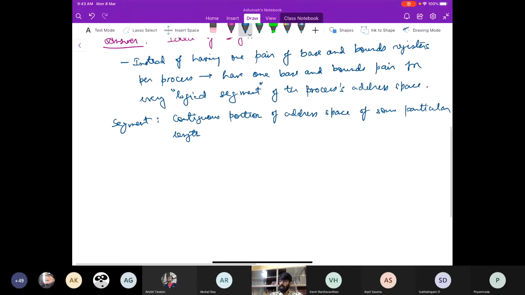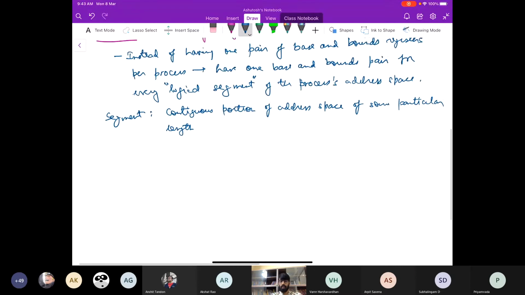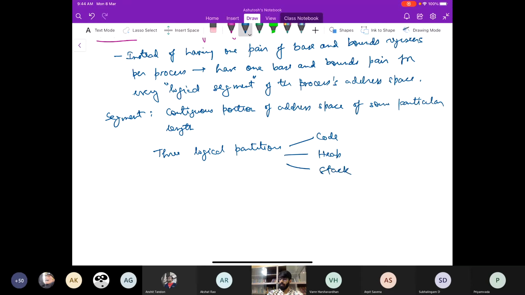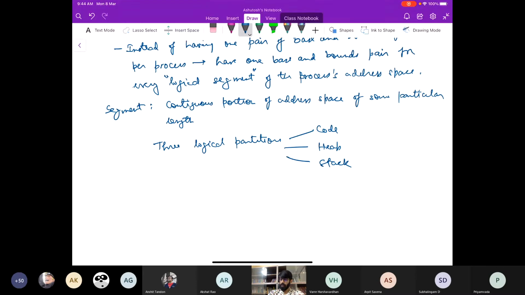Now, as we had seen, there are three logical partitions that we could divide our address space into. So, what are the three logical partitions? Code, heap, and stack, right? So, now segmentation will allow us to put these things in different parts of the memory.